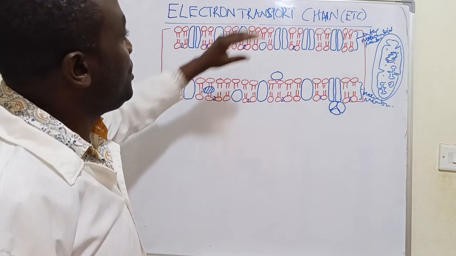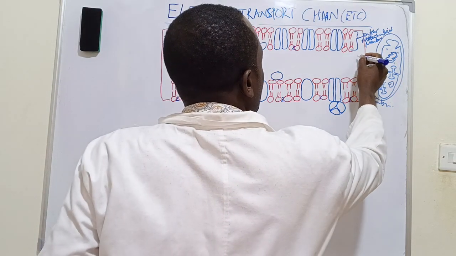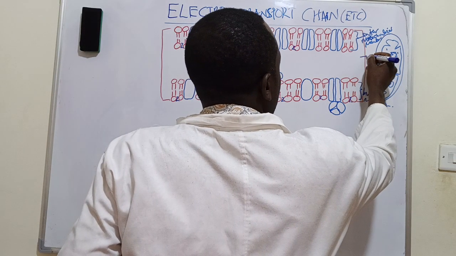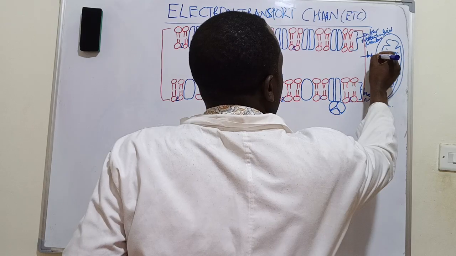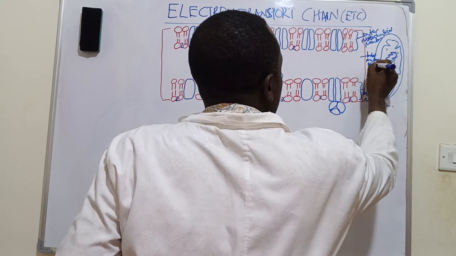Now, this is the outer, this is the inner mitochondrial membrane. Of course, this one here is the intermembrane space.